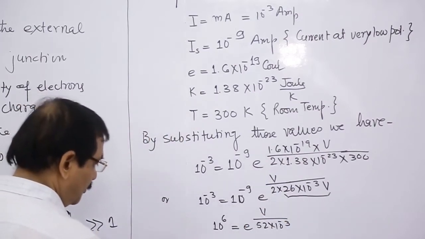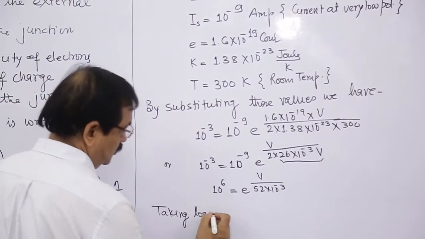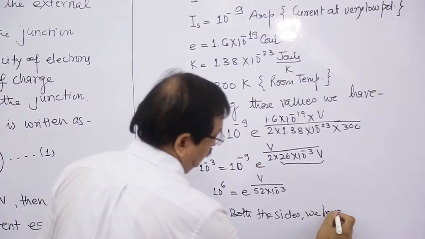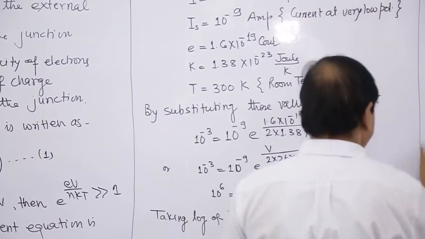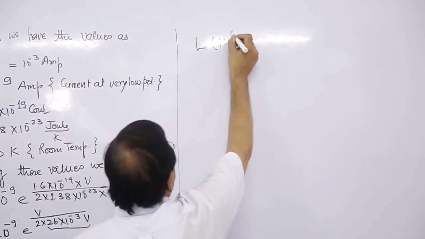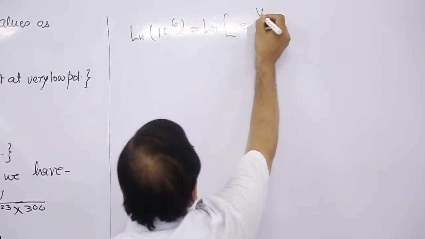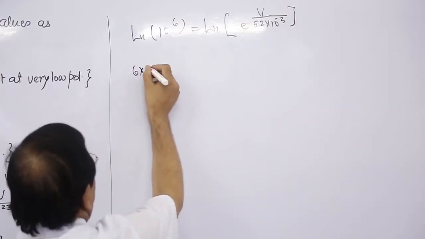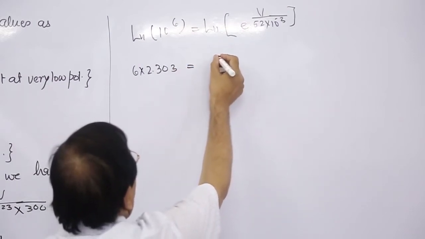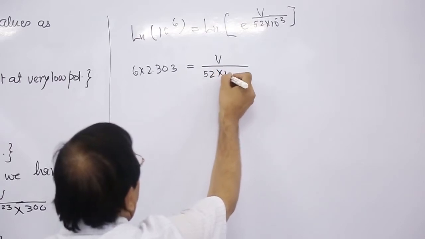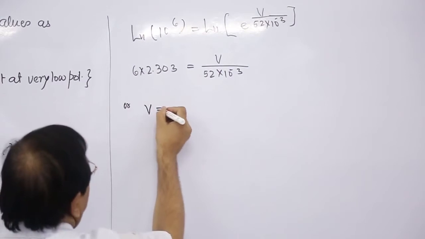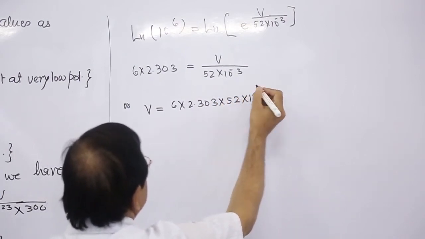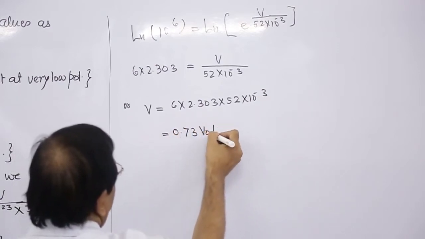Taking log of both the sides, we have 6 into 2.303 is equal to V upon 52 into 10 to the power minus 3, or V is equal to 6 into 2.303 into 52 into 10 to the power minus 3, that is 0.73 volt. This is your V.